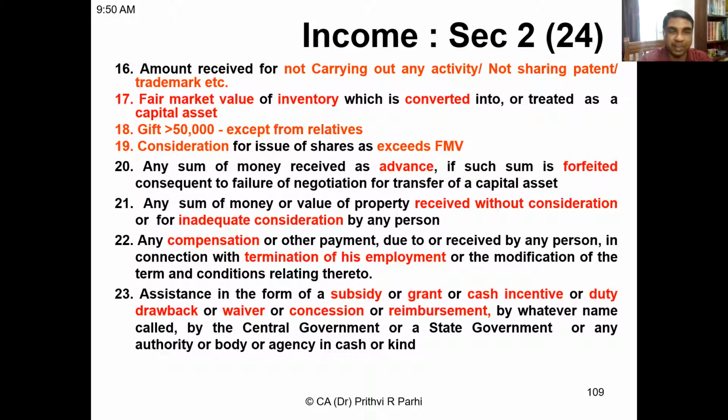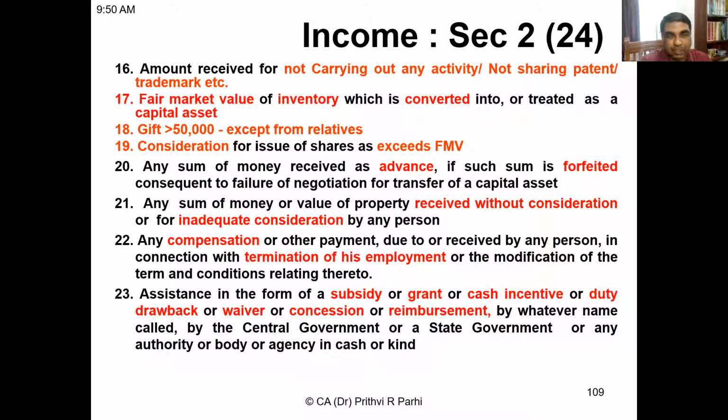Point number 19. So before that, I have a doubt. As per the Indian system, in marriages we receive a lot of gifts, not only from relatives but also from well wishers and friends. Suppose whatever gift I receive exceeds 50,000. So for that particular year, it will be calculated as income.